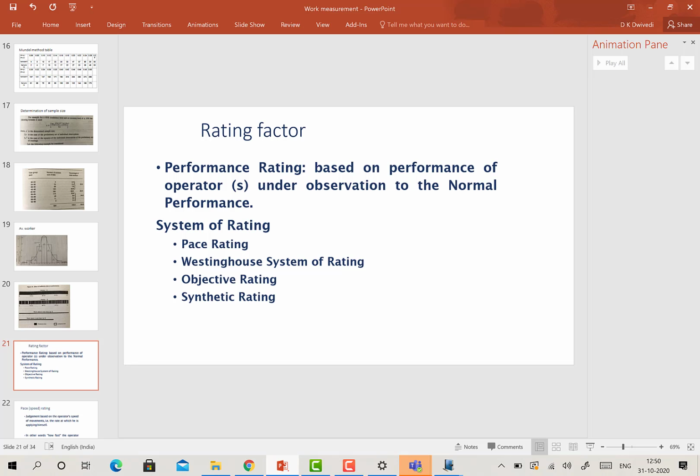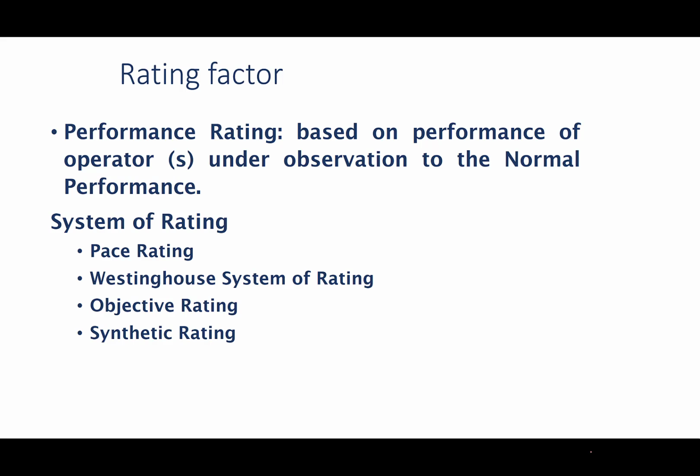Now we'll talk about the different methods which are used for rating purposes. There are four common methods. The performance rating is based on the performance of the operator under observation, and this is compared with the normal performance.